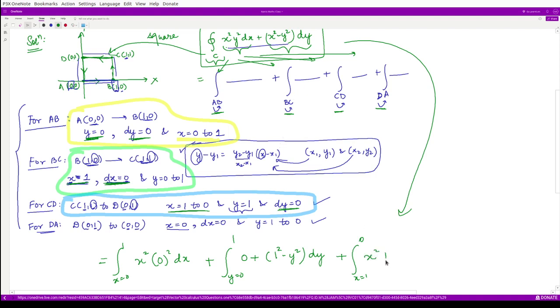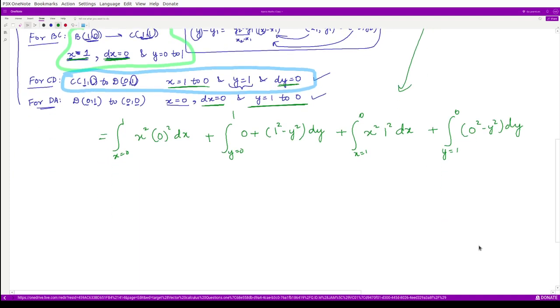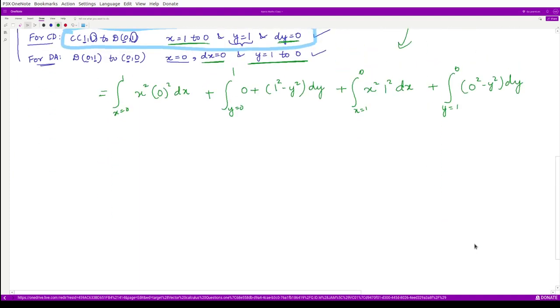In place of y, we will write 1 square and dx would be as such. And then for the last term, our limits for y vary from 1 to 0, and here we have dx 0, so we will not write the first term. Accordingly, for the second term, we would have 0 square minus y square dy. So this is what you obtain after applying all this information.